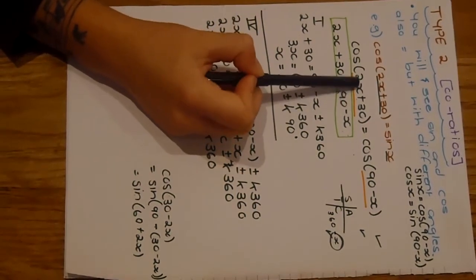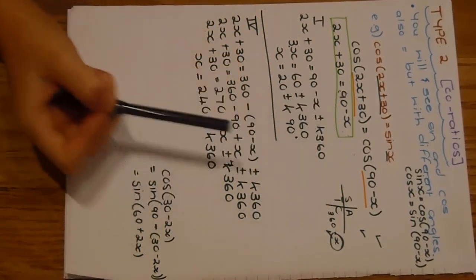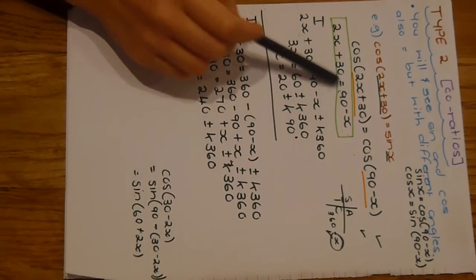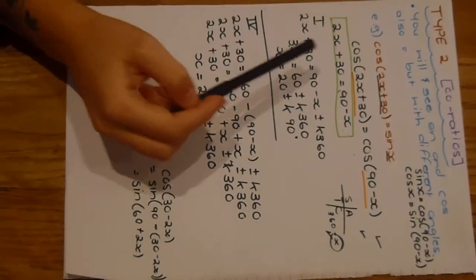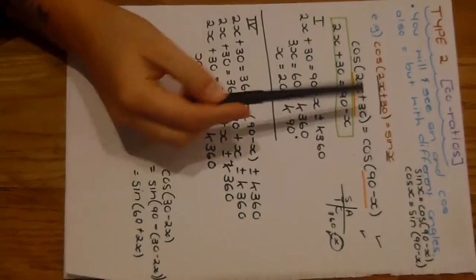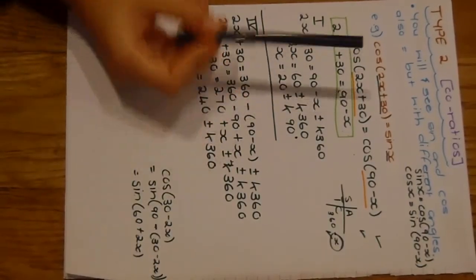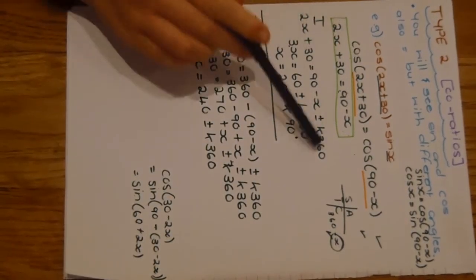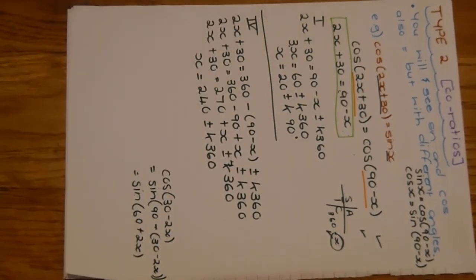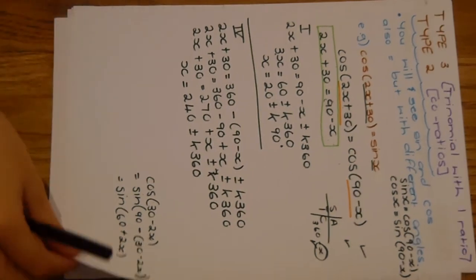So we just said 2x plus 30 equals 90 minus x. Once you get to that point, you follow your normal rules. You figure out which quadrant. So we knew it was 1 and 4. And remember to leave it in this form, because when you are dividing by something in front of the x, you are going to divide the 360 as well, or the 180, depending if it's tan or whatever the story is. Okay, so that is type 2.